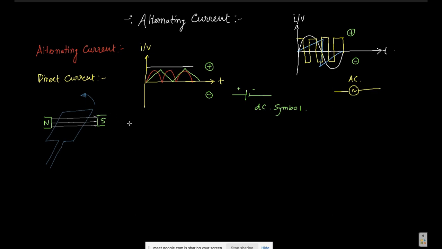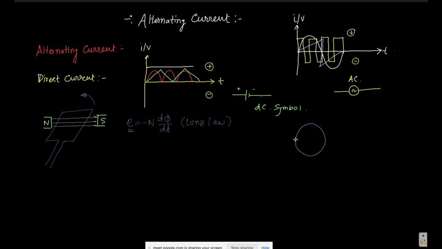This we can get from E is equal to minus N d phi by dt. This is Lenz's law. So E is nothing but the induced EMF. Earlier I told you that if there is a voltage, then obviously there is a current. So the path it follows is a circular path, like this.